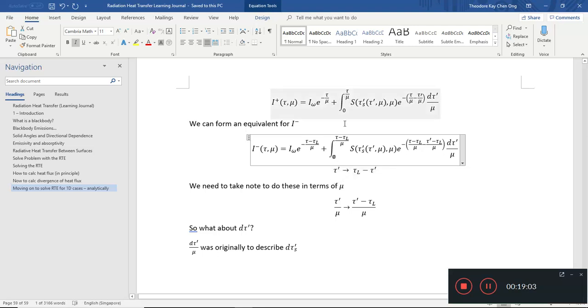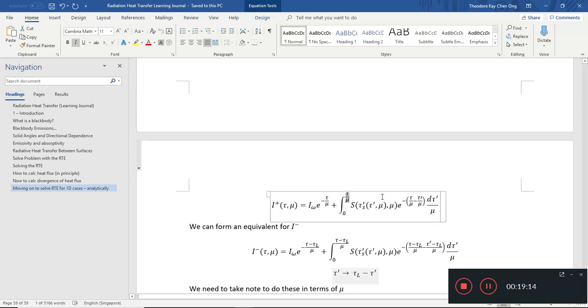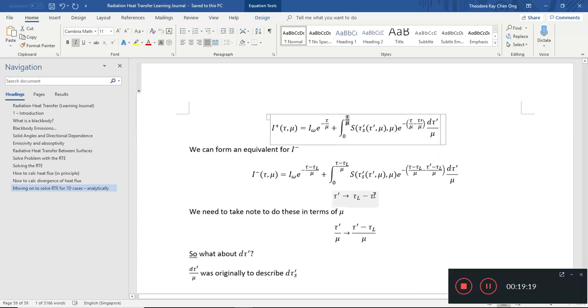This 0 was from when tau prime equals 0 to tau prime equals tau over mu. So it starts from tau being 0, or d tau prime over mu being 0, to d tau prime over mu being tau over mu. Okay, so the equivalent, this one is where tau equals 0.